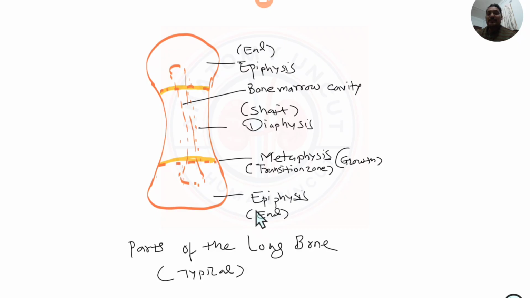So the ends of the bone are known as epiphysis, and the middle part of the bone, also known as the shaft, is called the diaphysis. At the junction of the two, the distal part of the diaphysis is known as the metaphysis, which is generally a transition zone, or also known as the zone of active growth, because there is active growth, especially of the length, because of this yellow structure, which is known as the metaphyseal plate, which is hyaline cartilage in nature.